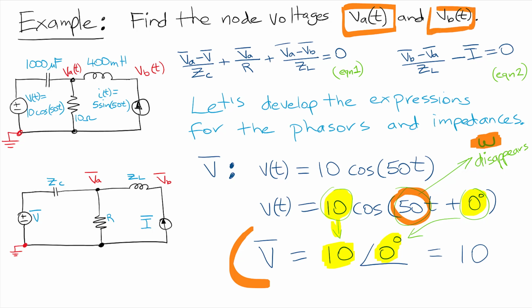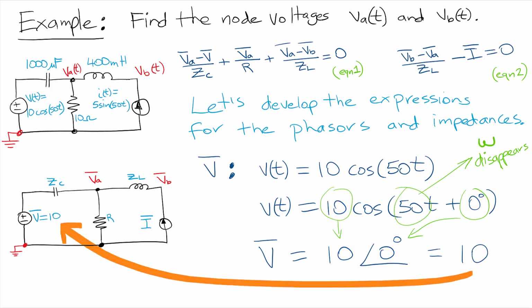Okay? But when we're translating it to a phasor, that omega drops out from the expression. It's implied. Okay, so then let us label V with the value that we found, and then move on to the next element.